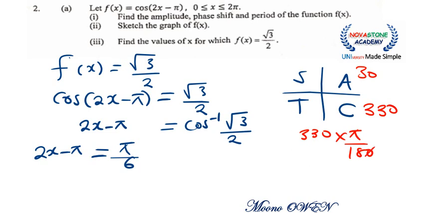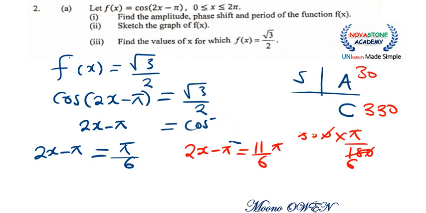The zeros can cancel. 3 into 3 is 1, 3 into 33 is 11, 3 into 18 is 6. So this is 11 pi over 6. So another answer that we have will be 2x minus pi equals 11 pi over 6. So these are the two answers that we have.